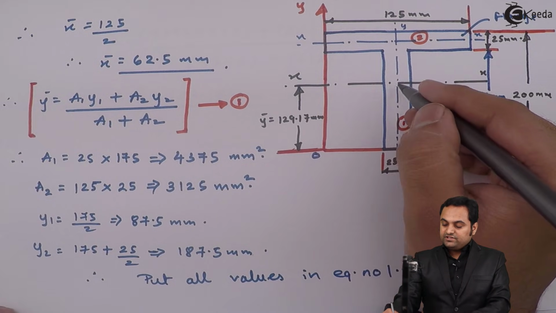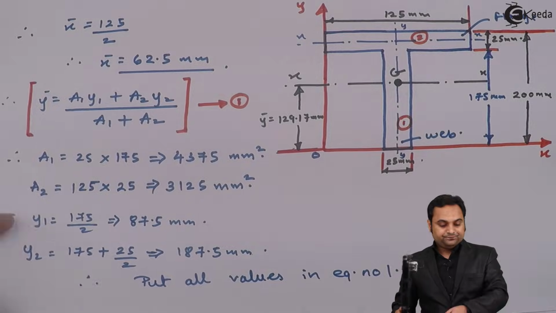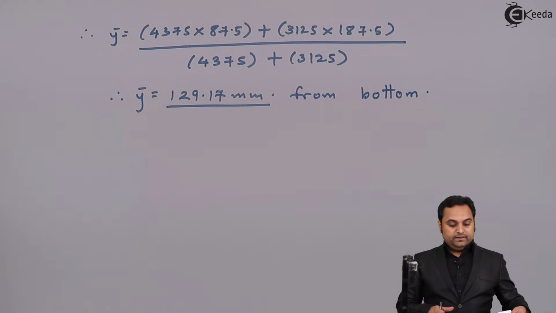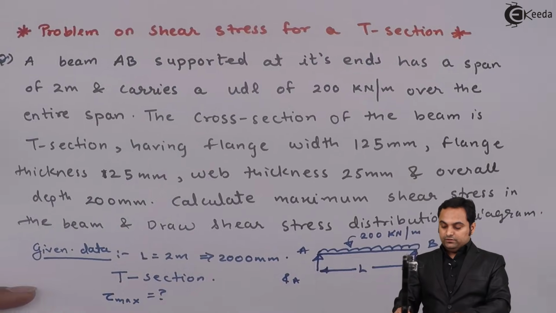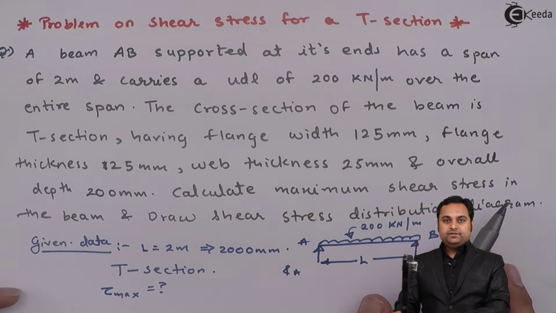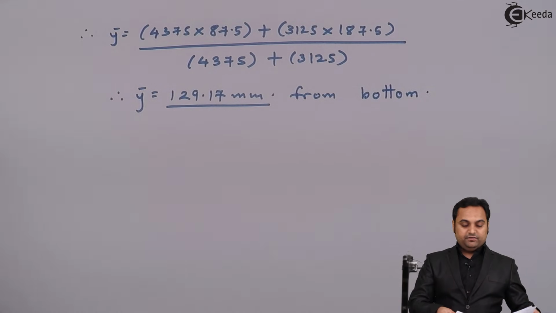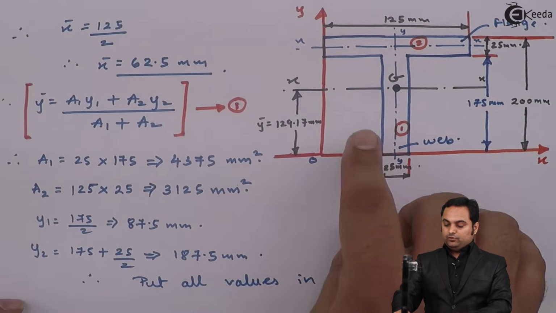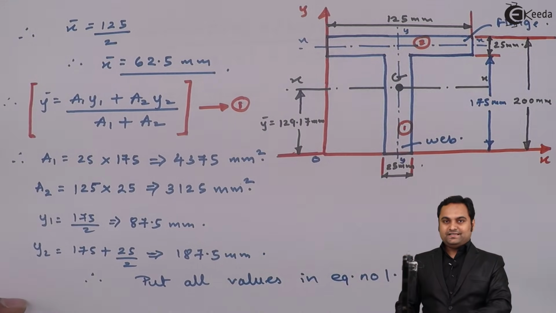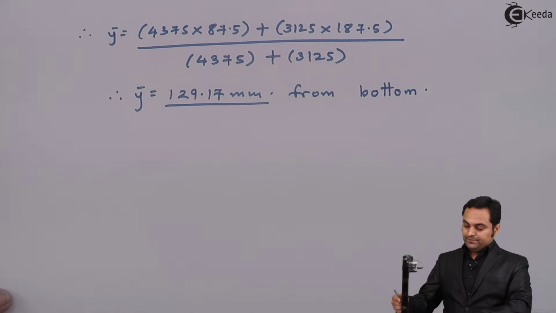Now once we have x and y axis, here is the centroid for the complete section. Now if we look into the question, here we have to find out the maximum shear stress, and for that we even require the moment of inertia about the centroidal x-axis. So the next thing would be I'll calculate the moment of inertia.